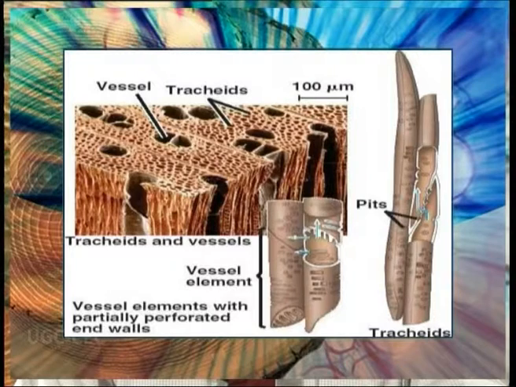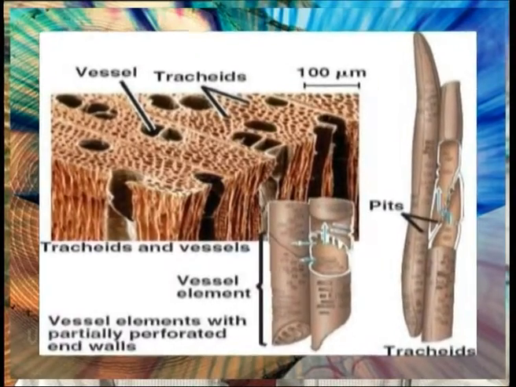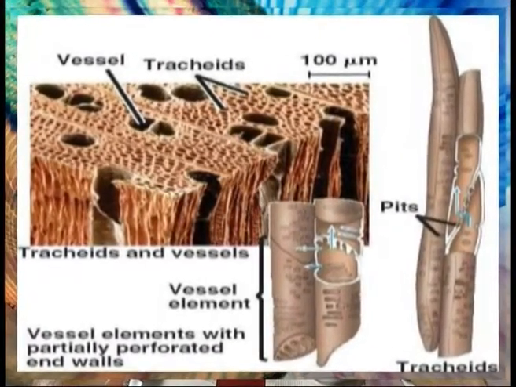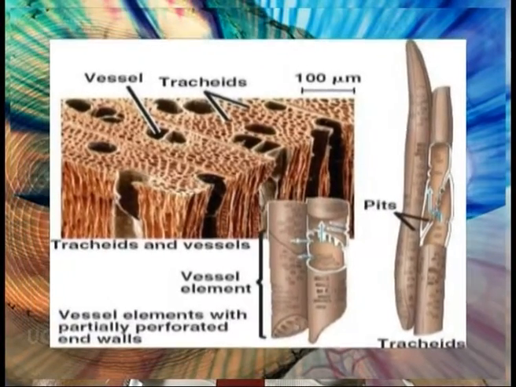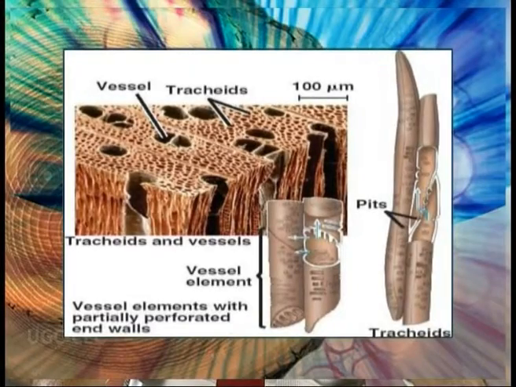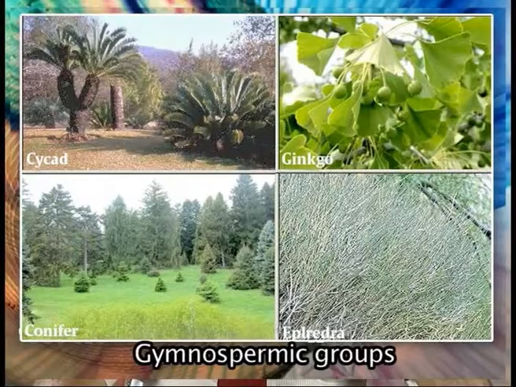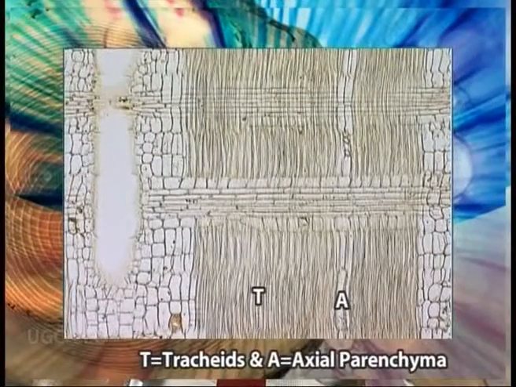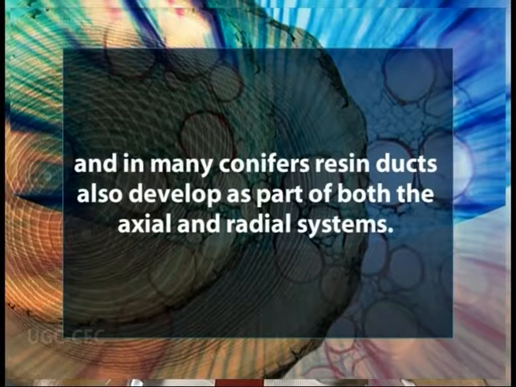Secondary xylem is made up of an axial system of longitudinally oriented cells derived from the fusiform initials of the vascular cambium and a radial system consisting of rays derived from the ray initials of the vascular cambium. In gymnosperms, the axial system consists of tracheids and axial parenchyma, and in many conifers, resin ducts also develop as part of both the axial and radial systems.